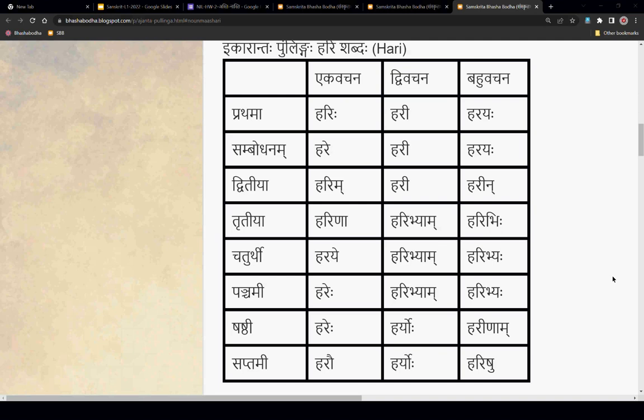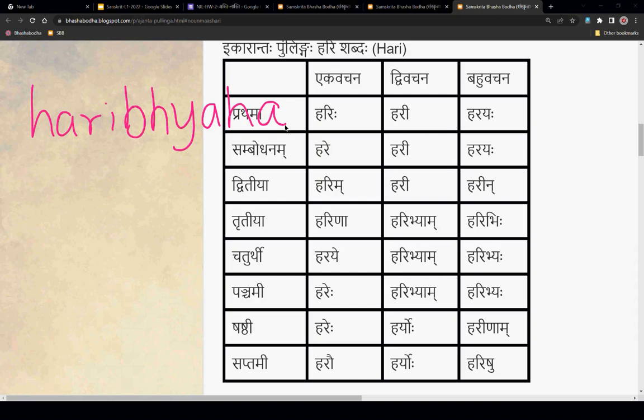Chaturthi. Haraya, Haribhyam, Haribhyah.